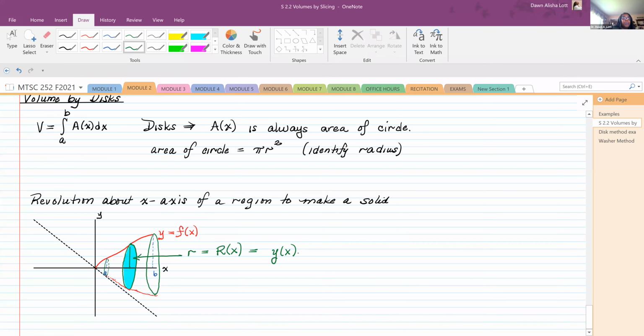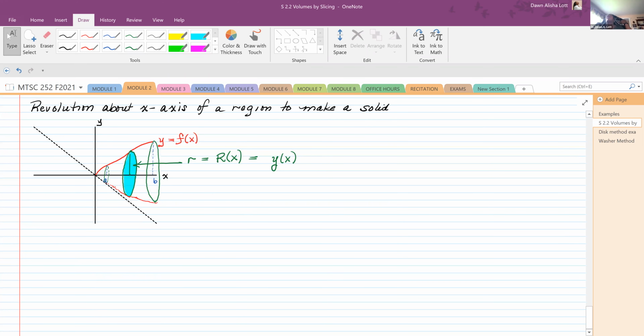So for a simple problem like this, I want to take a curve, revolve it around the x-axis and figure out what's the solid that it makes on the inside of it. It makes this little piece of ham or meat. If I slice them, all of my slices will be circles and all of the radii are going to be r of x.